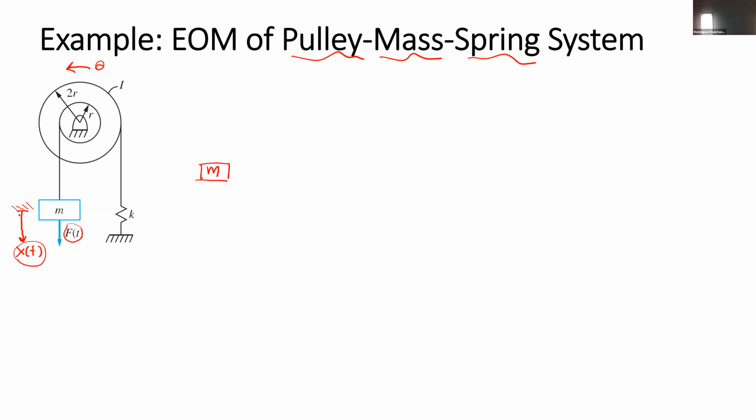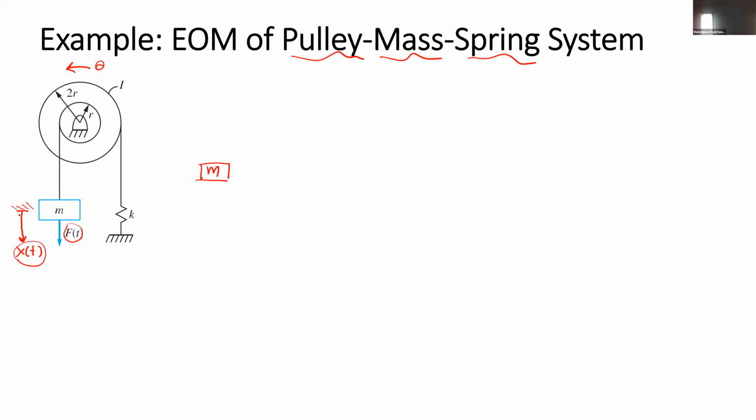If it's still not clear how this can be compensated, to make this derivation simple to understand, we will ignore the mg and the static deflection of the spring first. In the next 2 or 3 slides, we will talk about that.